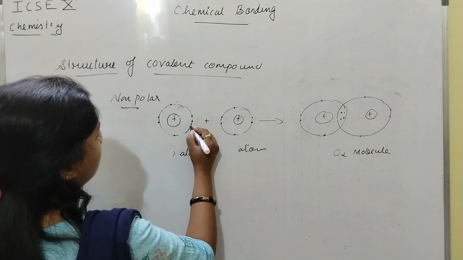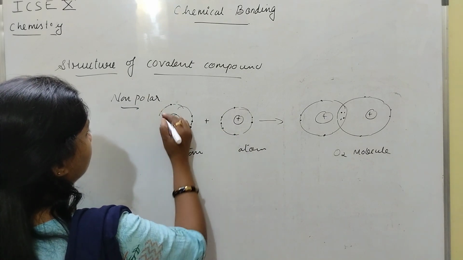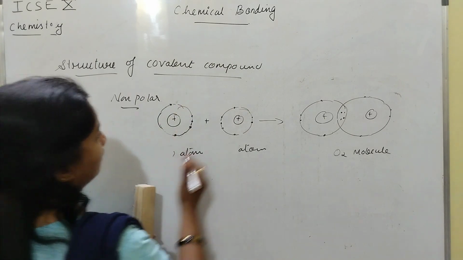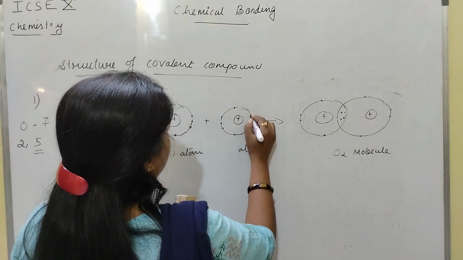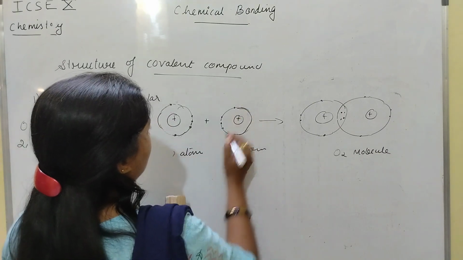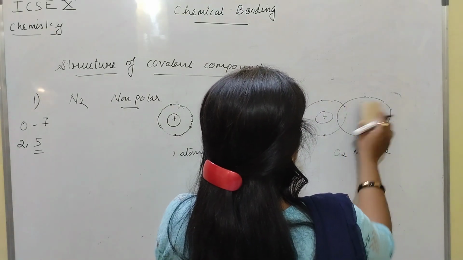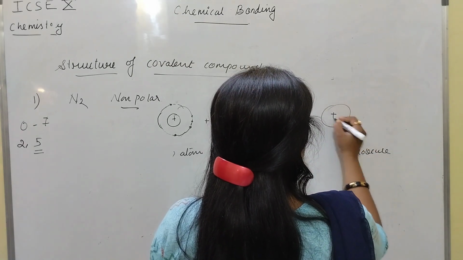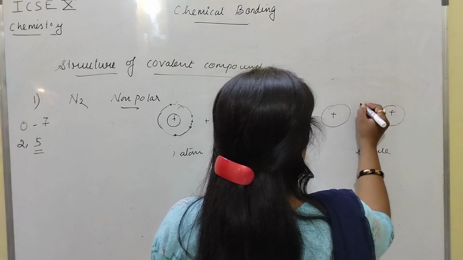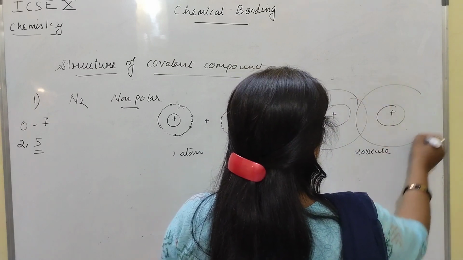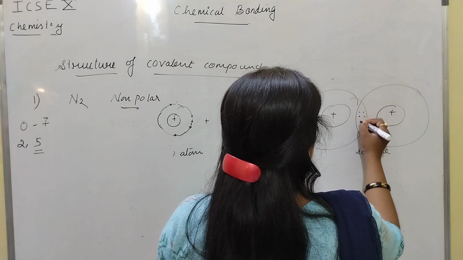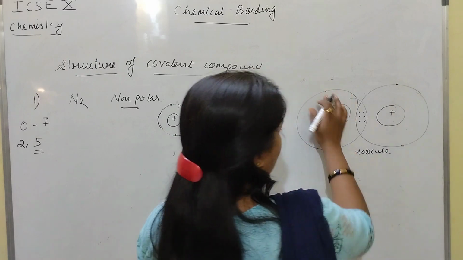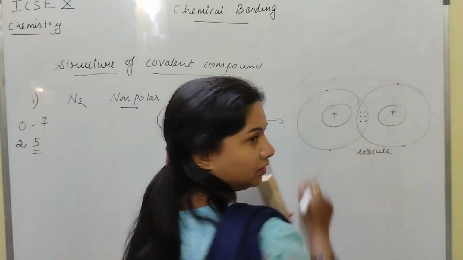We have to make 5 electrons. 4, 5. So 1, 2, 3, 4, 5, 6, 7, 8.